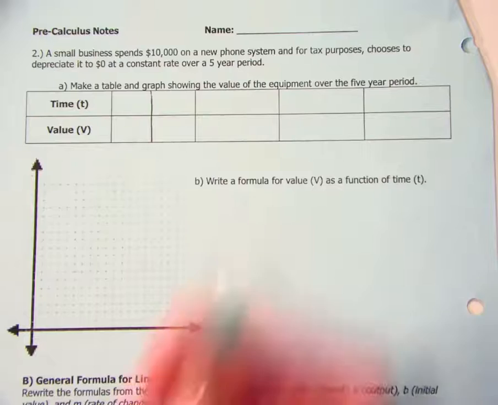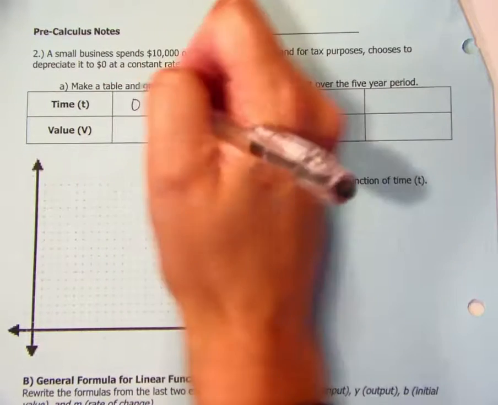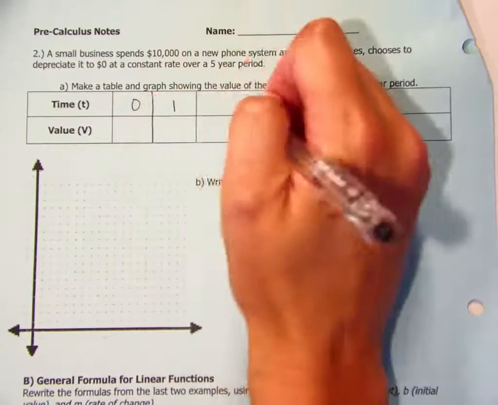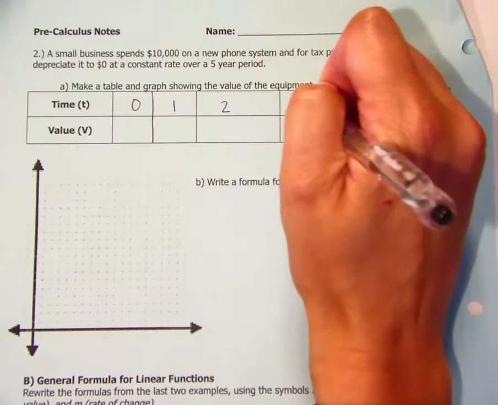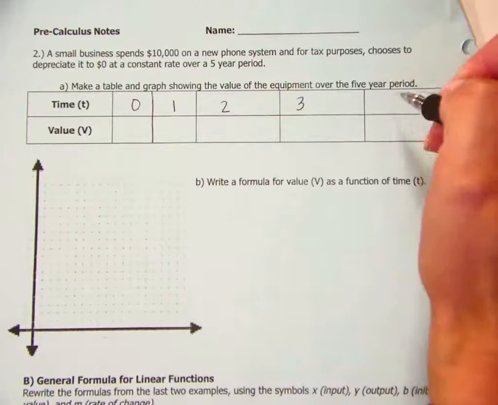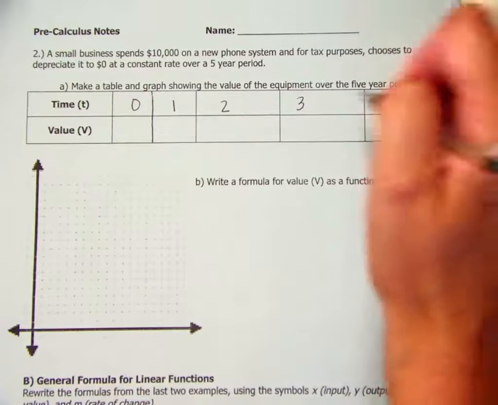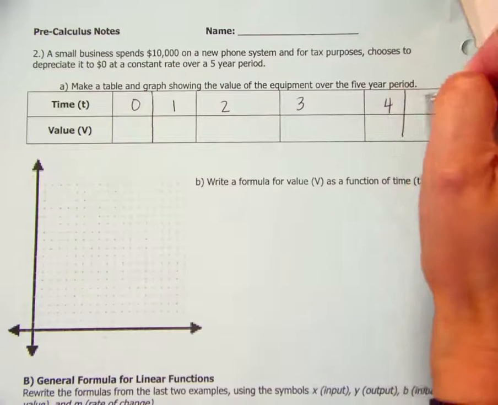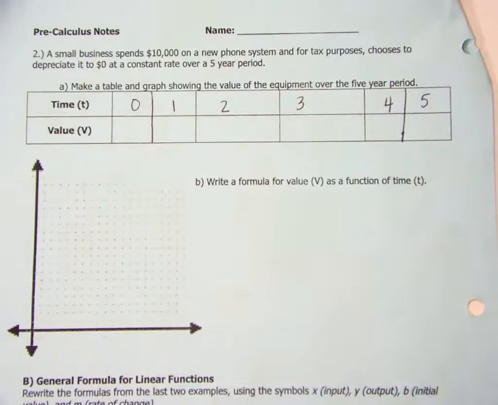So essentially what we're looking at is from when T is 0 all the way through, oh, we're really missing some. Shoot. You're going to have to split a couple in half. Through when T is 5, the value of that equipment each year.